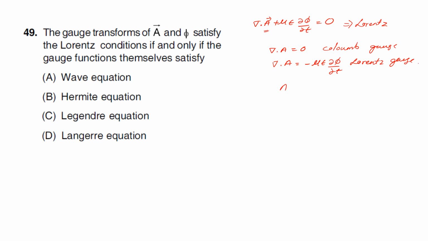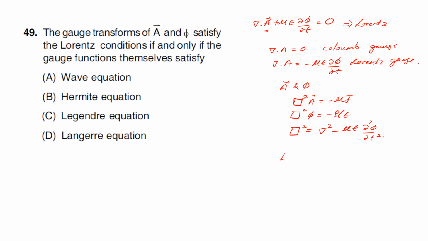Here both A and phi should satisfy the wave equation given by d'Alembertian of A is equal to minus mu j and d'Alembertian of phi is equal to minus rho upon epsilon, where d'Alembertian means del square minus mu epsilon dou square by dou t square.